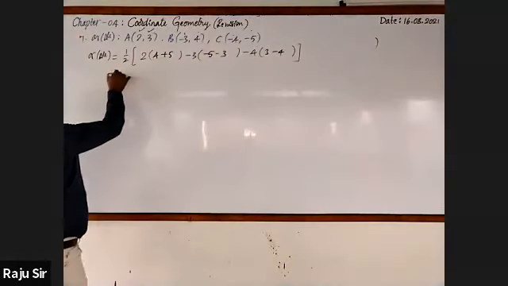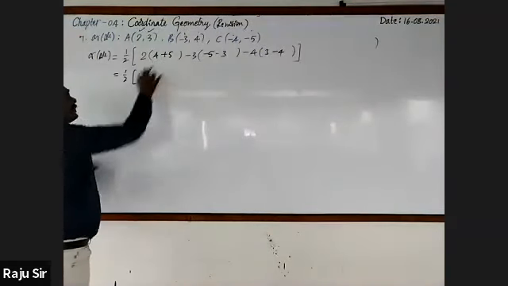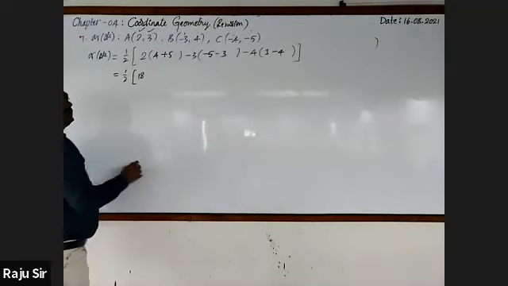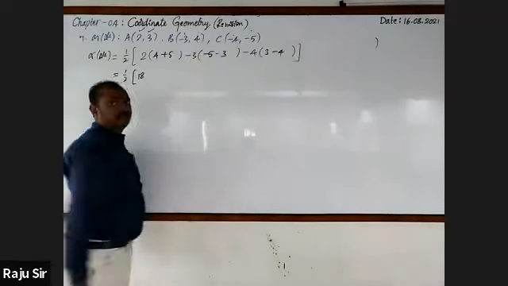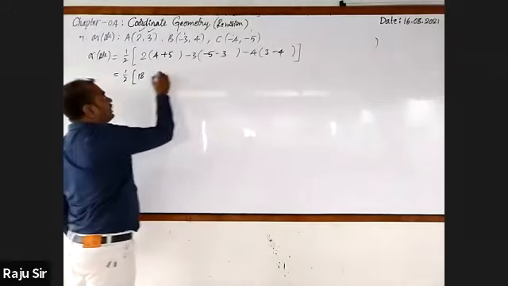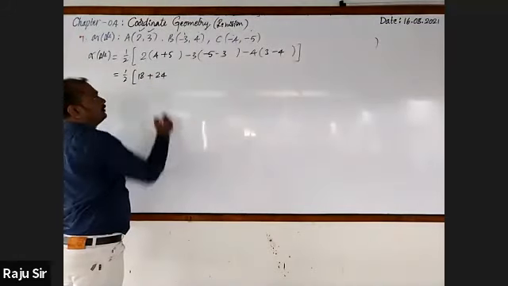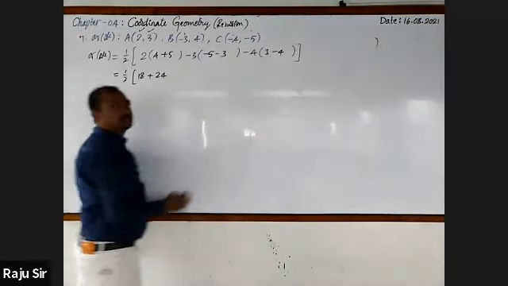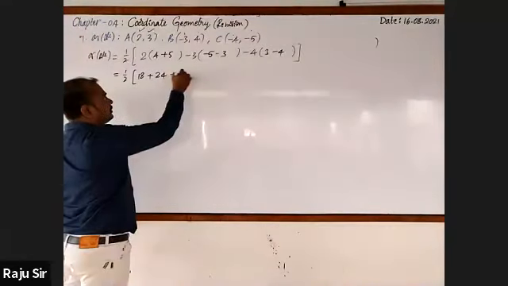This is equal to half into, here 4 plus 5 is 9, 9 2s are 18. Minus 5 minus 3 is minus 8, minus 8 into minus 3 is plus 24. 3 minus 4 is minus 1, minus 1 into minus 4 is plus 4.